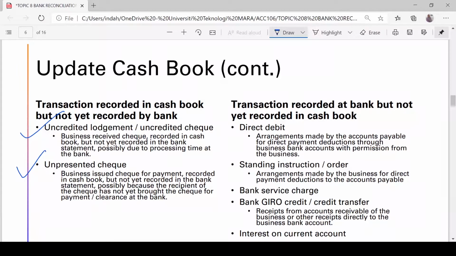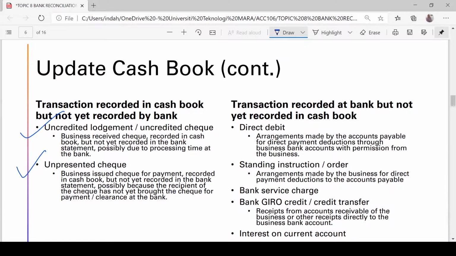But when you receive the bank statement, it is not yet recorded in the bank statement, possibly because the recipient of the check has not yet brought the check for payment or clearance at the bank, or maybe because of a delay in the processing time.